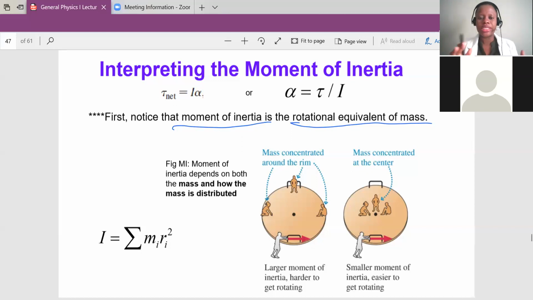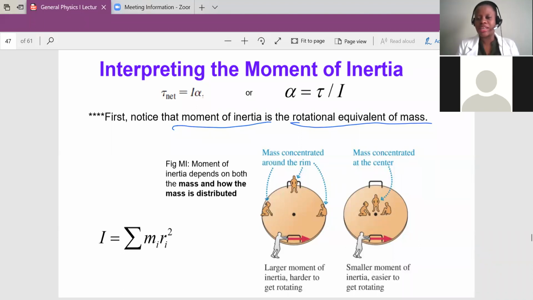Remember when we discussed linear motion, acceleration depends on mass, because the higher the mass, the more the tendency to resist change in velocity.